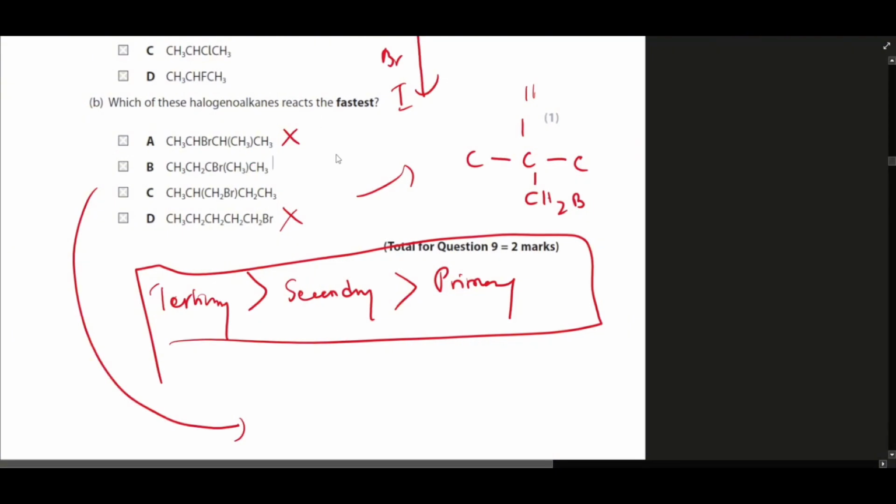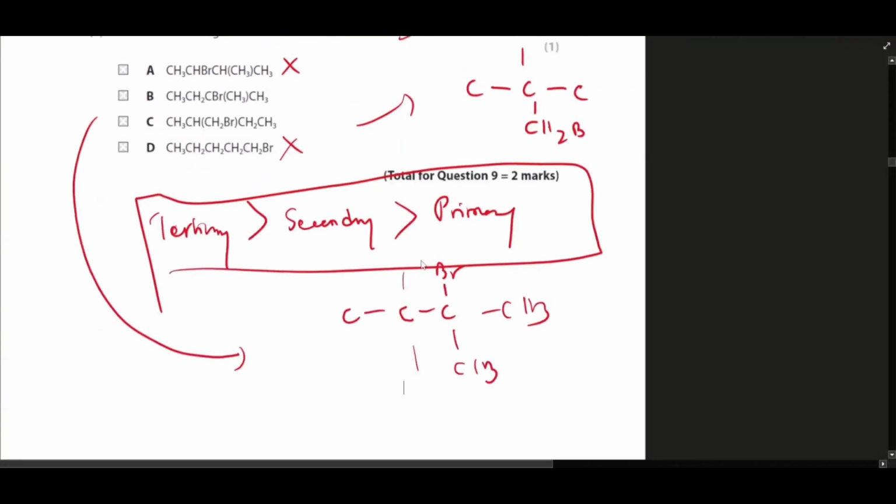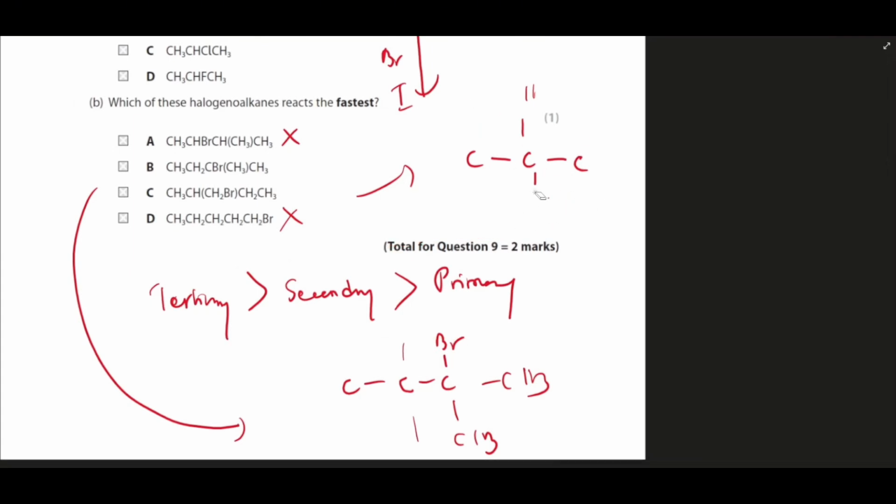Let's see. If I check out B, C, Br, CH3, CH3. Okay, that's tertiary. And if I check out this one, CH3, this is tertiary.